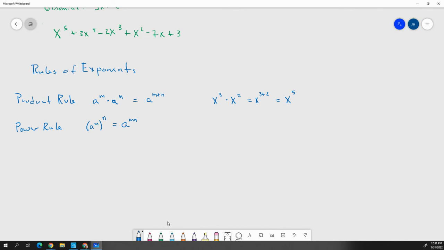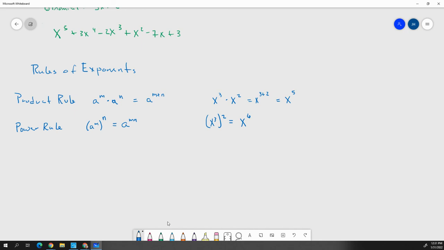And if we see that in terms of a number, if I have x cubed and then I square it, I wind up multiplying those numbers, right? That becomes x to the 3 times 2, or x to the 6th power.